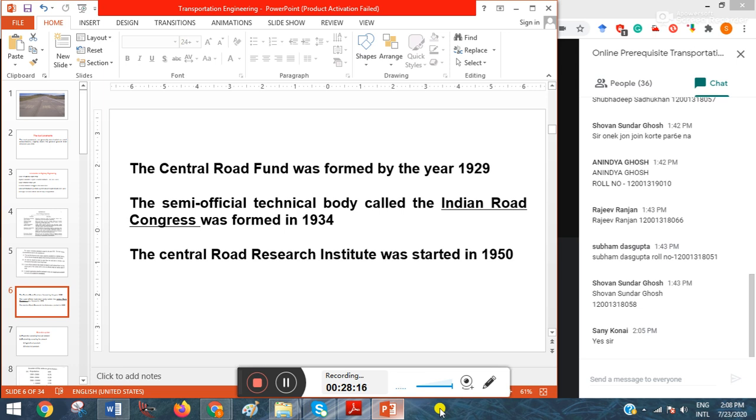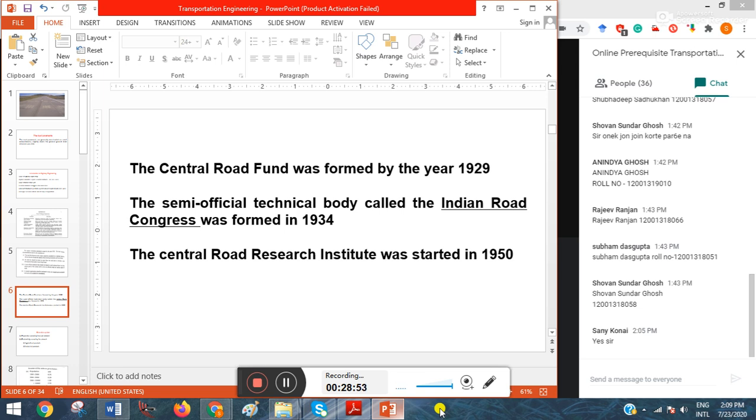The three phases primarily covered are control of the driver, vehicle ownership, and vehicle operation on roads and in traffic stream. From that time, 1939, things like your license, your vehicle registration copy, and whether you are able to drive or not, these types of tests were started before independence.